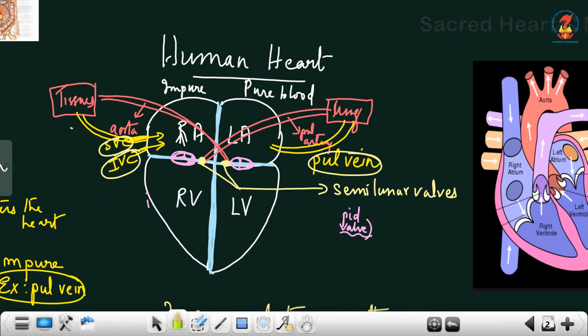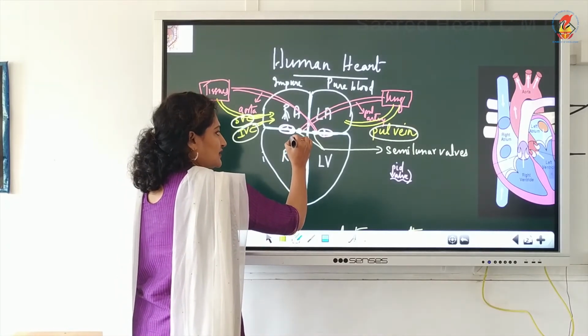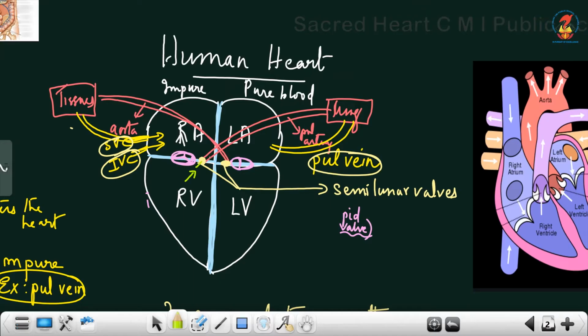See, the pathway starts with the right ventricle, from which the impure blood gets in through the pulmonary artery to the lungs. And what happens in the lungs? Purification takes place. After purification, the pure blood comes back to the heart via the pulmonary vein. It gets back to the left atrium.